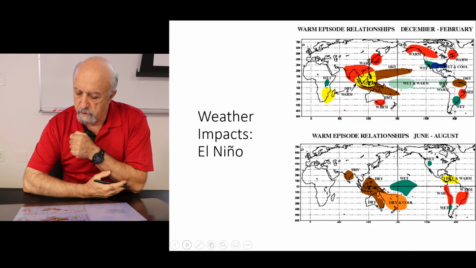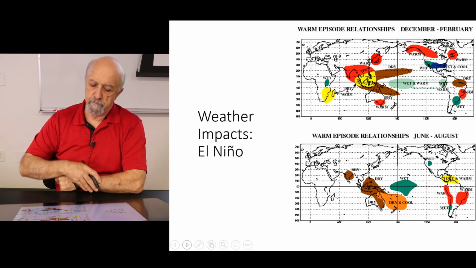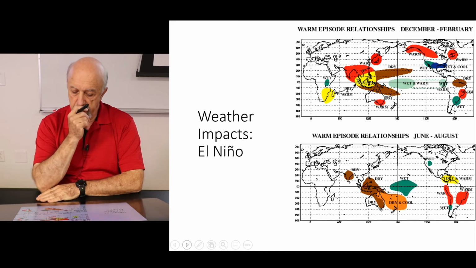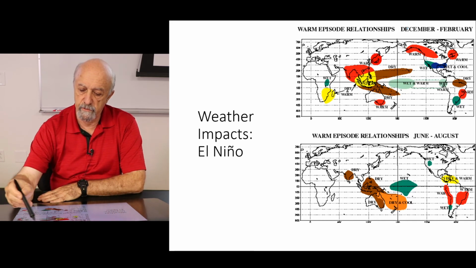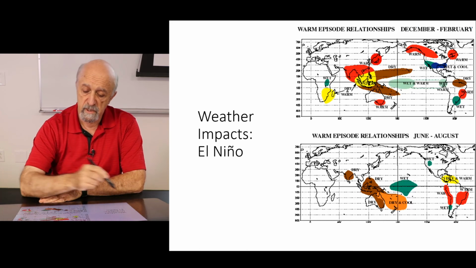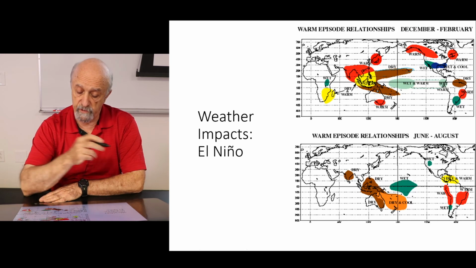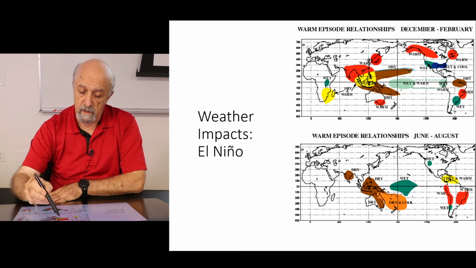partial sections of the year. So what we see here, during an El Niño event, what we see here during December, February, obviously has to do with the seasons. We see changes in this area here to become drier than it was, drier and warm.